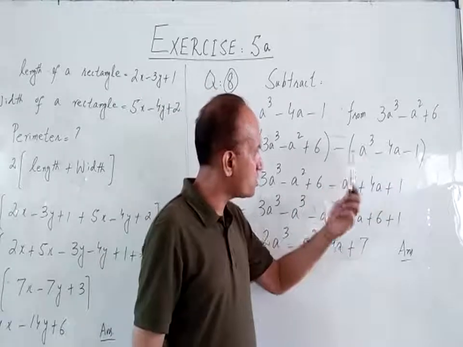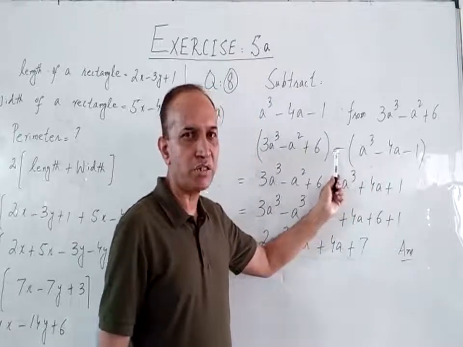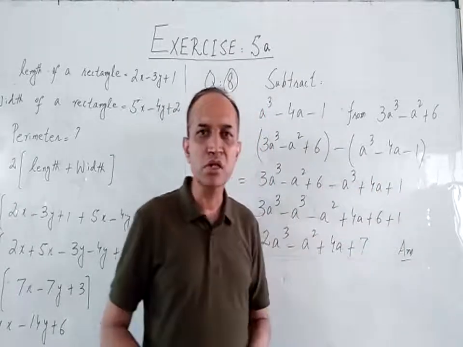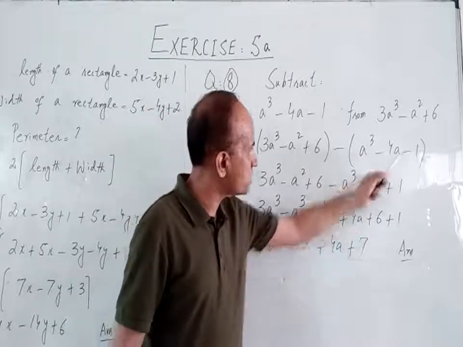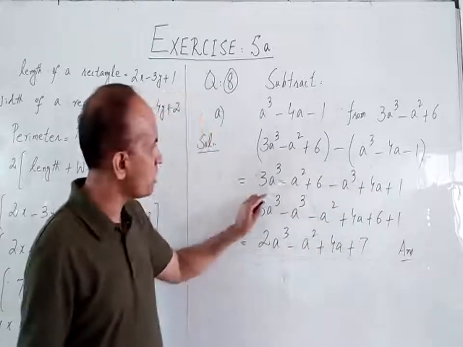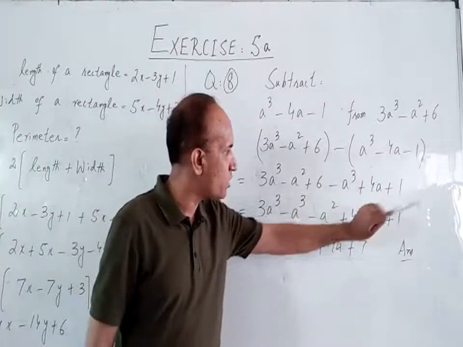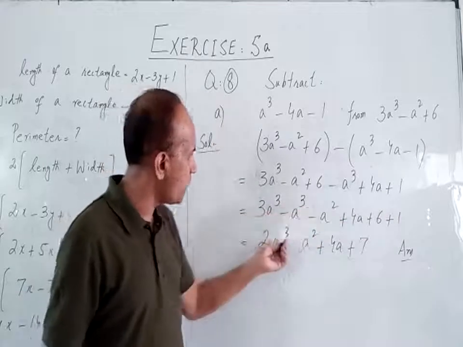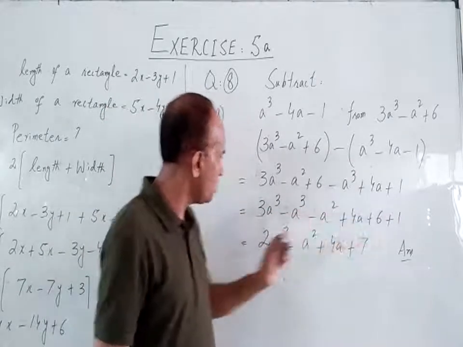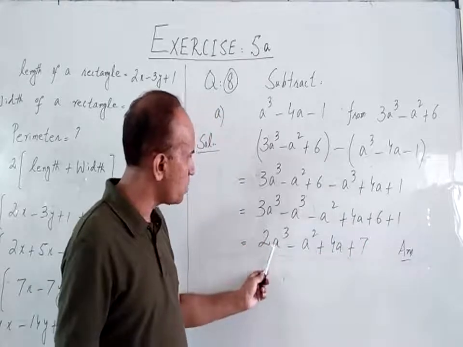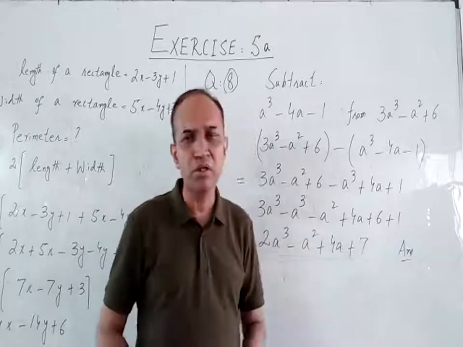You can see that since the minus sign is outside, the signs inside will be changed. So it becomes minus, plus and then plus. Now we have 3a cube minus a square plus 6 minus a cube plus 4a plus 1. So 3a cube minus a cube minus a square plus 4a plus 6 plus 1. So 3 minus 1, 2, so 2a cube minus a square plus 4a, 6 plus 1, 7. That's it.